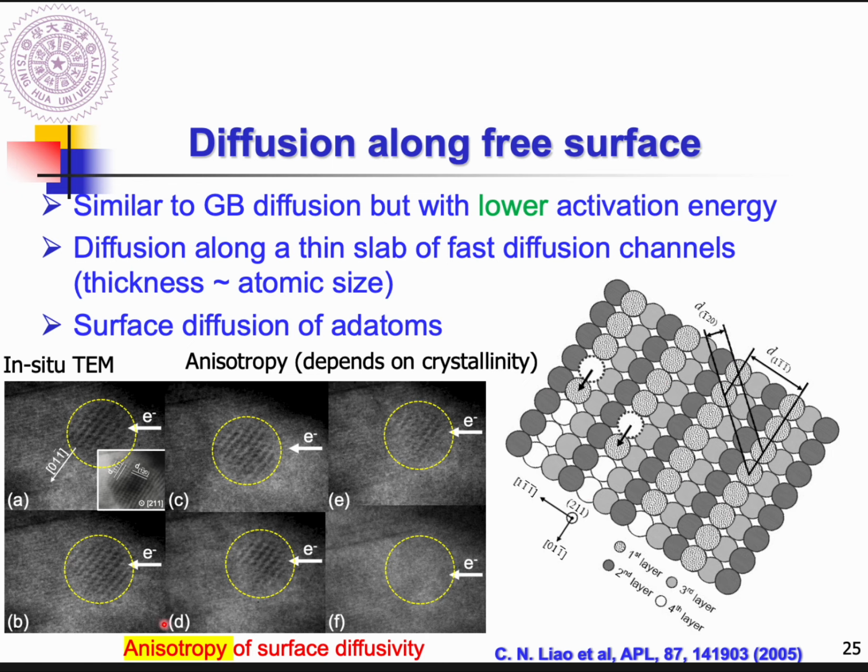This type of surface diffusion we call anisotropic surface diffusion. And this is an experimental observation showing that free surface diffusion really happens.